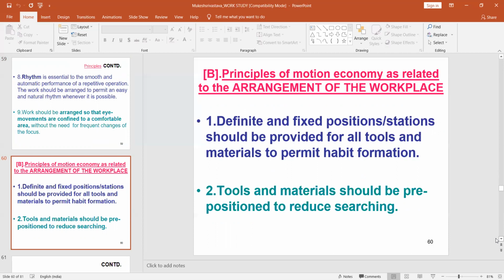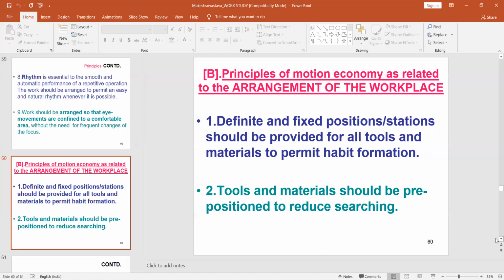The first point is that definite and fixed position stations should be provided for all tools and materials to permit habit formation. Like if you are in your house and the lights go out, what happens in that situation? You know where your bed is, where your table is, where the different equipment is, like pen, pencil, copy.